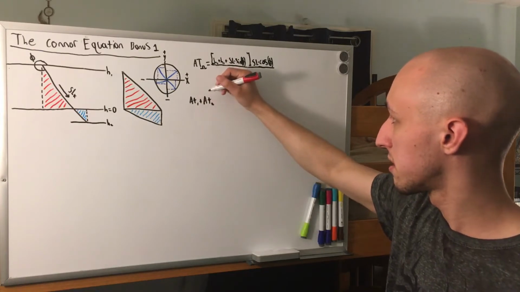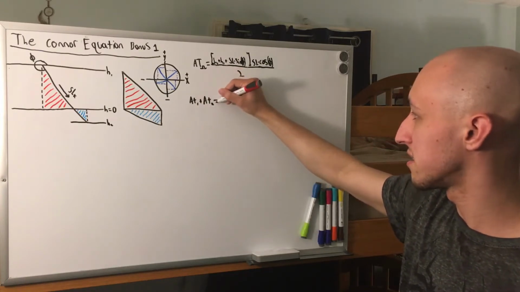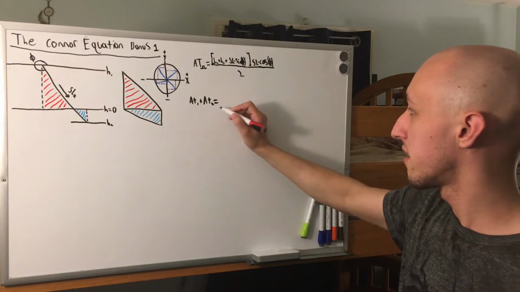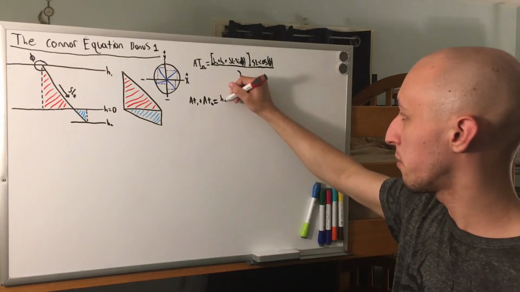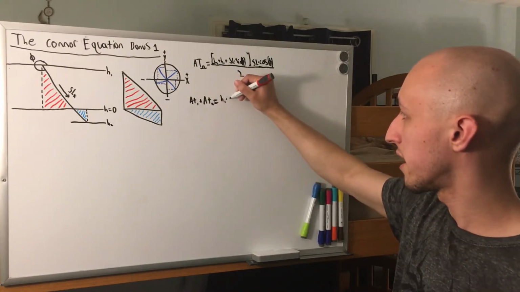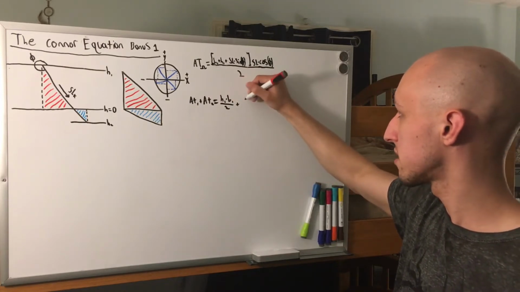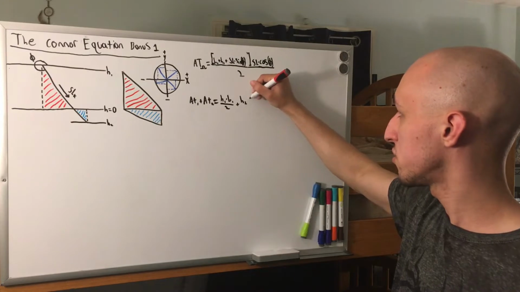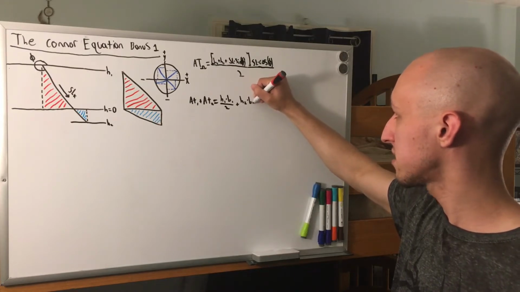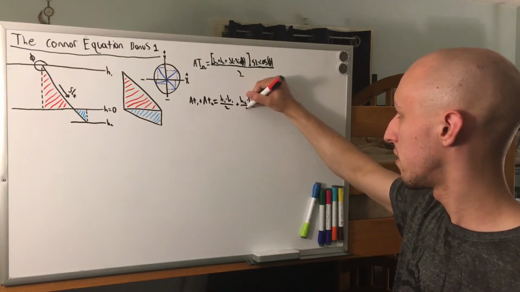Oh boy, I hope you guys can see that. I'm going to say that equals height 1 times base 1 over 2 plus height 2 times base 2 over 2.